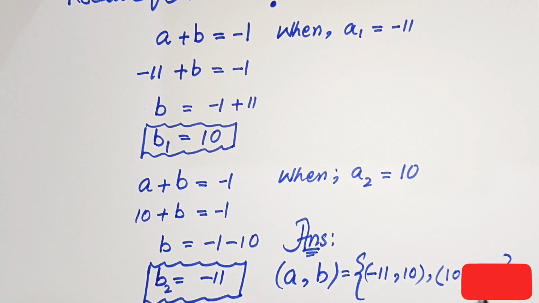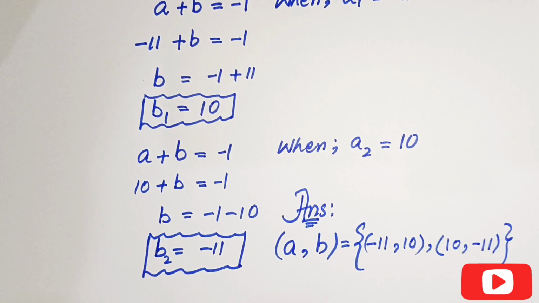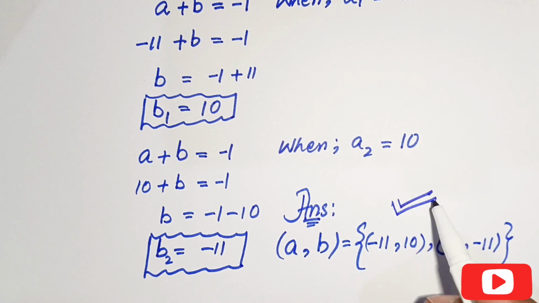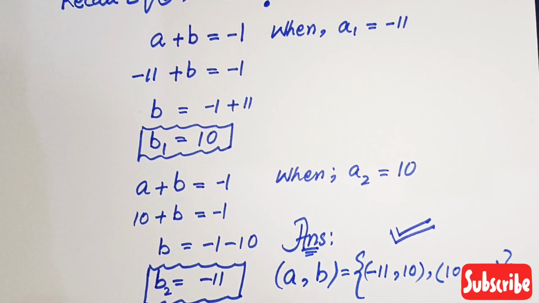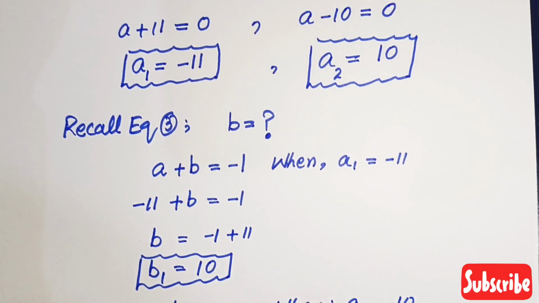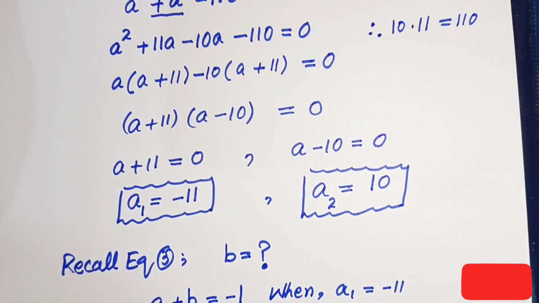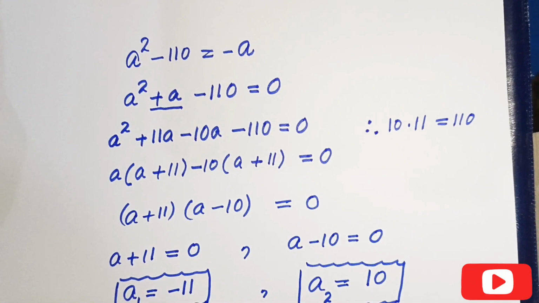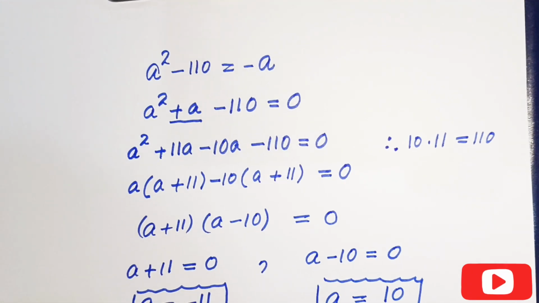These are the two sets of values for a and b. It is our final answer that we found by using different mathematical techniques, and this is our entire solution.